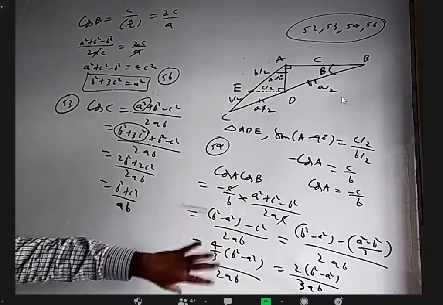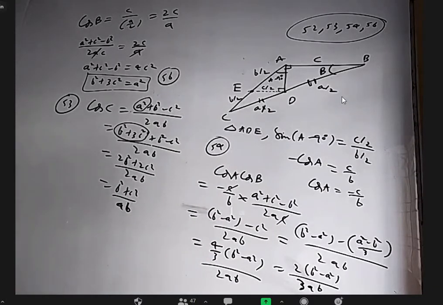This is nothing new, just manipulating this way, sine rule, cosine rule, something like that. Okay, those are completed, everything.